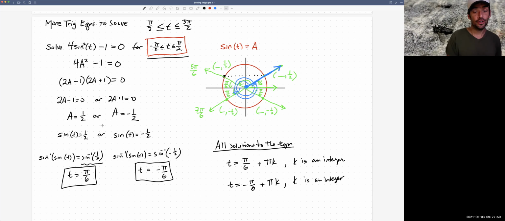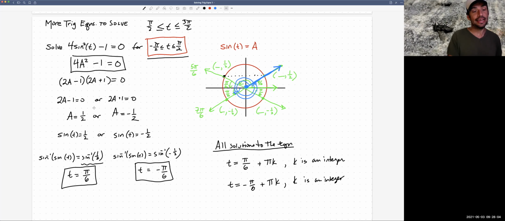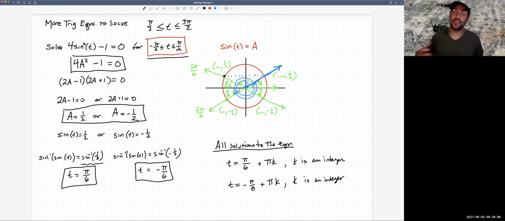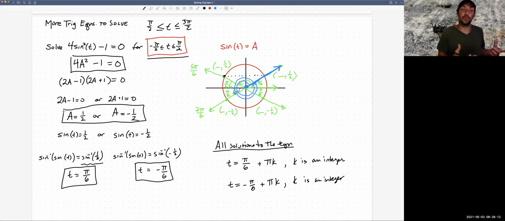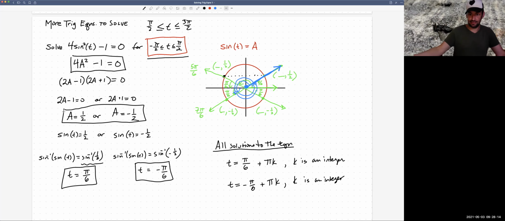In this case, what really happened is we had a quadratic. And so we ended up with two answers before we even solved for the variable inside our sine functions. There were two possible outputs to the sine function. And then we got possible inputs to the sine function from the trigonometry of the situation.